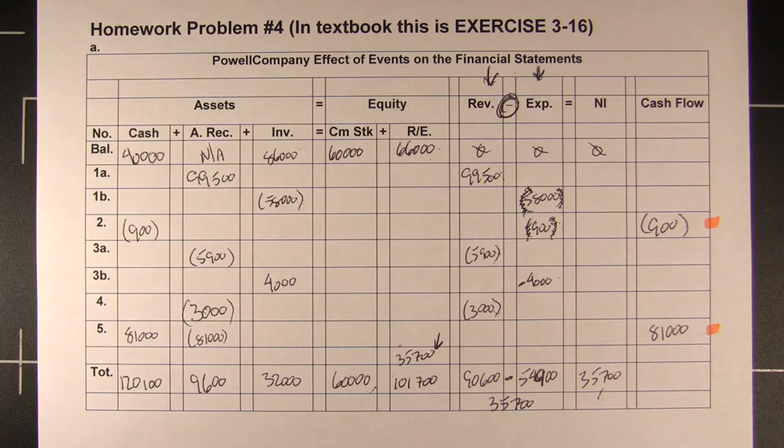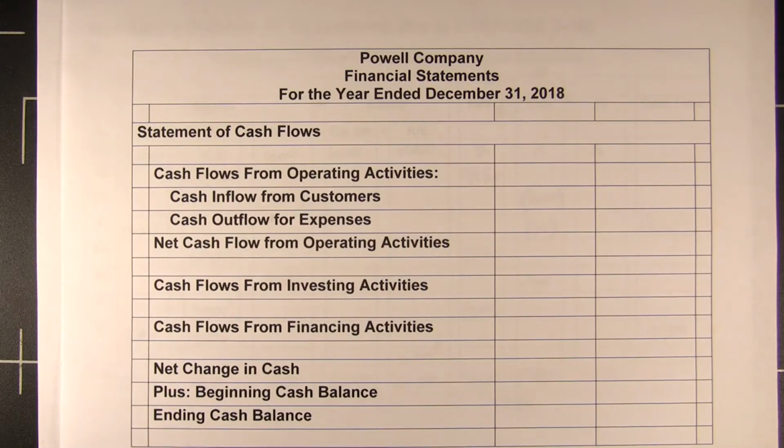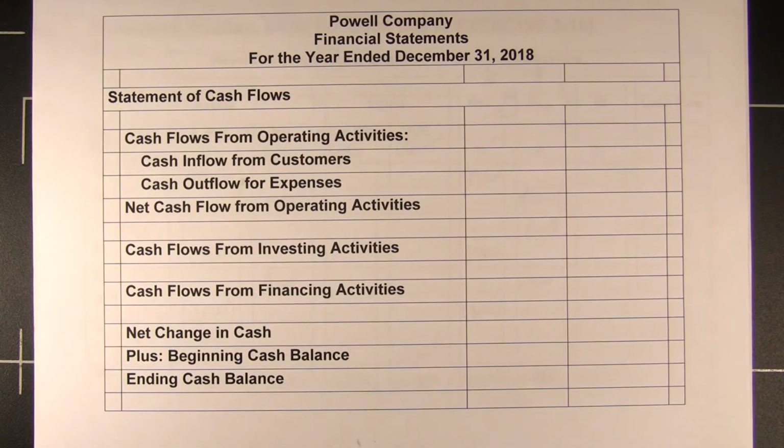Now, you should not be shocked by the next question that says, oh yeah, and while you're at it, do a statement of cash flows. We can do this easily, especially since we didn't have a whole lot of cash that happened.